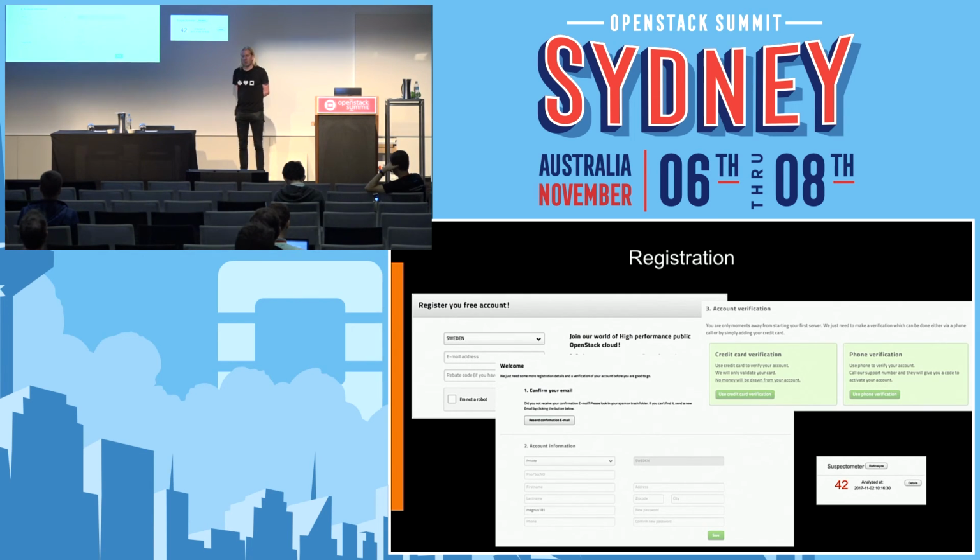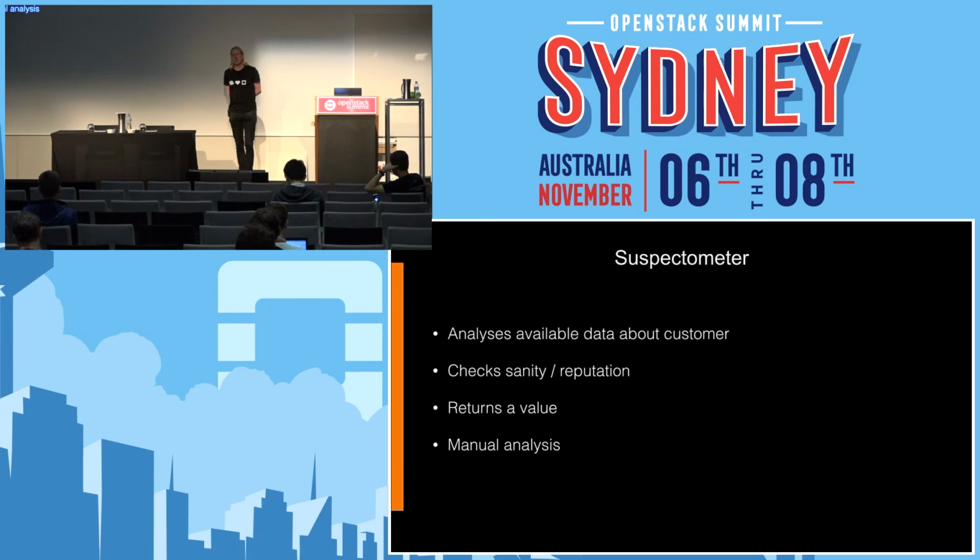There's also something that we call the suspectometer, that is basically some code that analyzes the data that we have available about the customer. All the data goes into this check, and it checks sanity of information, it checks reputation and stuff like that, and returns a value based on that information.